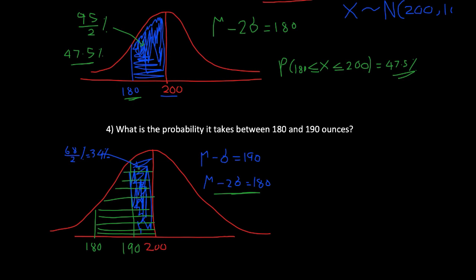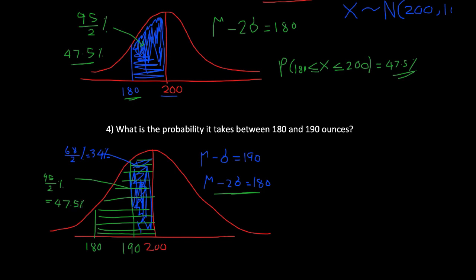So this is actually half of the area within 2 standard deviations. Therefore this should be 95 divided by 2, which equals 47.5%.